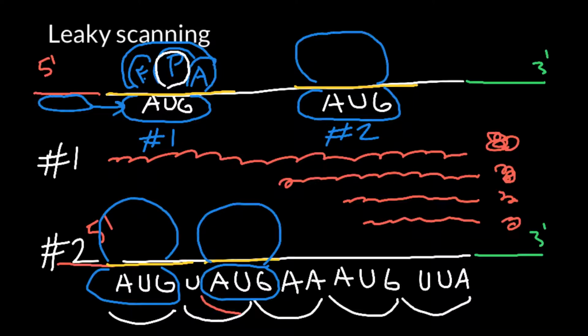So this is going to be the first trinucleotide, this is going to be the second, and this is going to be the third, and so on. So as you see, the sequence of the codons would be different. Here, the first codon AUG, then UAU, then GAA. In this scenario, we would have the sequence AUG here, AAA here, UGU here.